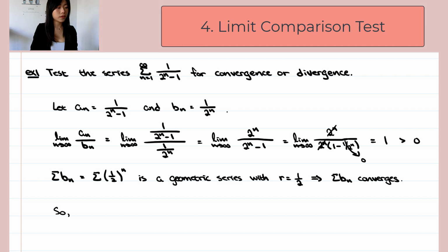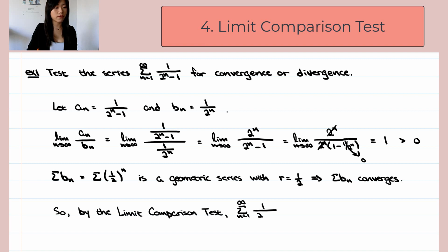So, by the limit comparison test, since the limit of the ratio is a finite number greater than 0, the series for n starting from 1 of 1 over 2 to the power of n minus 1 also converges.